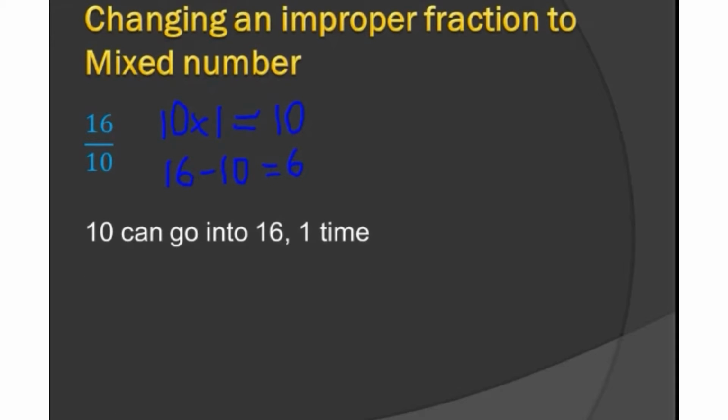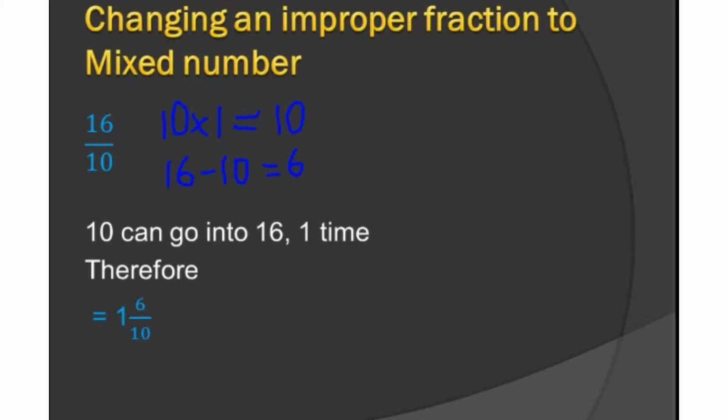So 10 can go into 16 one time. Therefore, your answer would be 1 and 6/10. The 1, how do you get 1? Because 10 can only go into 16 one time.